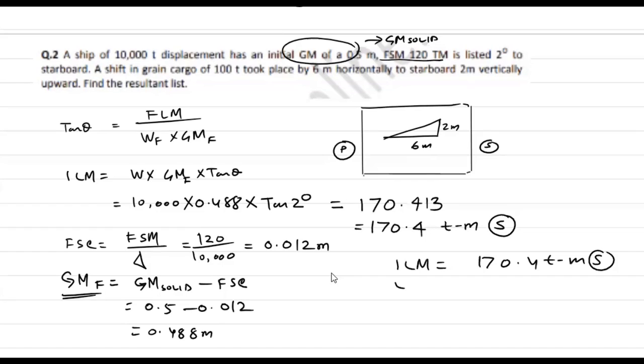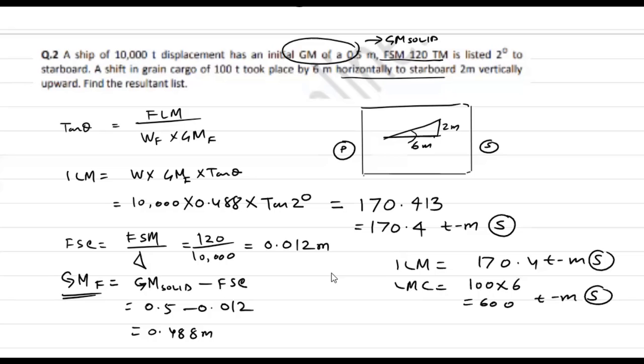How much is the list moment caused, LMC? You are shifting something from here to here towards starboard, right? You are shifting 100 tons by 6 meters horizontally to starboard. That is 600 ton-meter towards starboard.